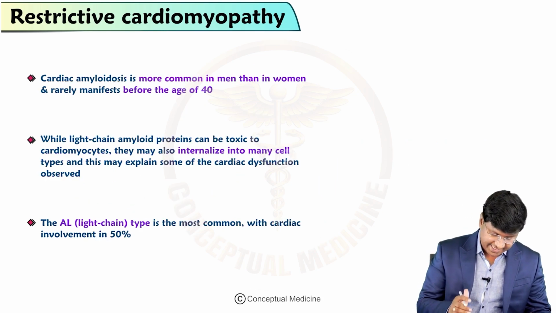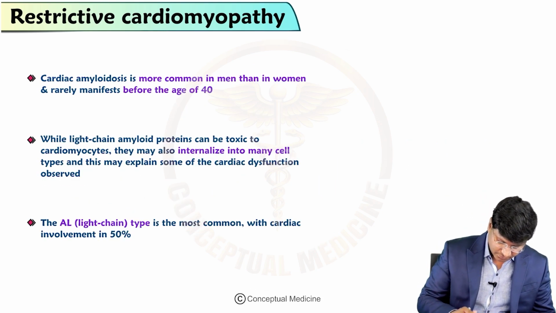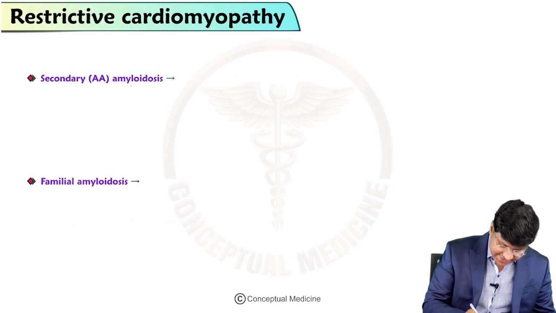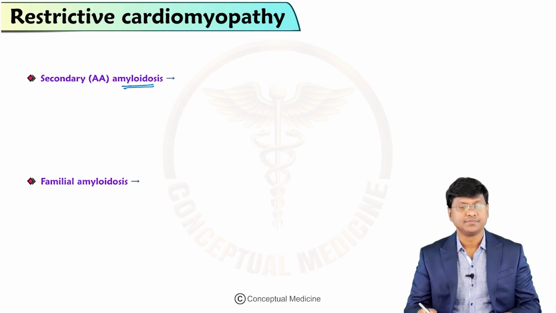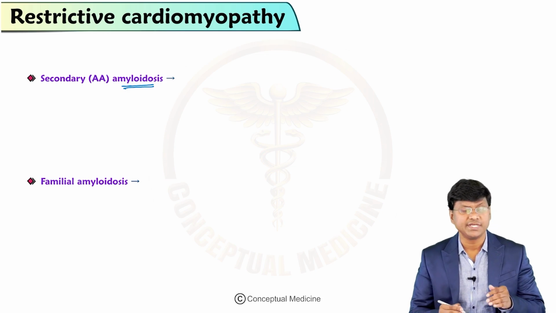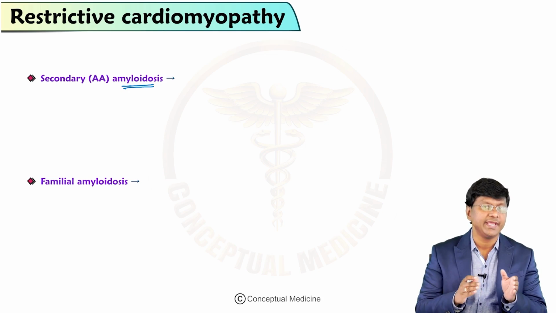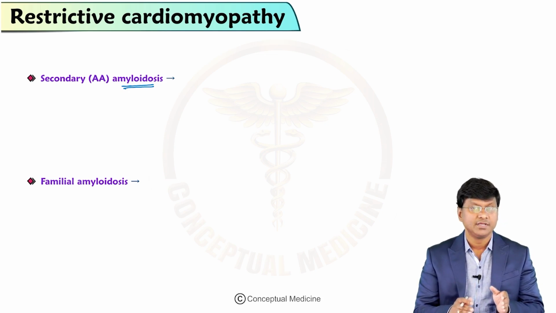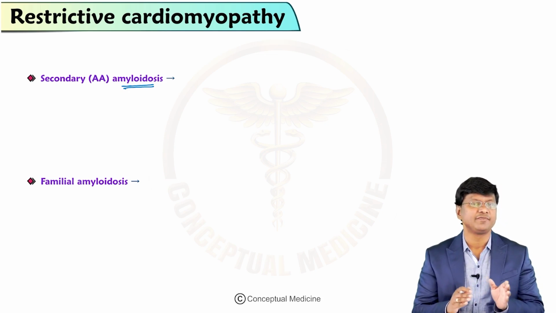Then we have secondary amyloidosis. Secondary amyloidosis is due to fragments of serum amyloid A protein associated with chronic inflammatory disorder.